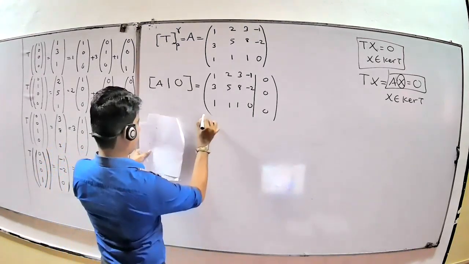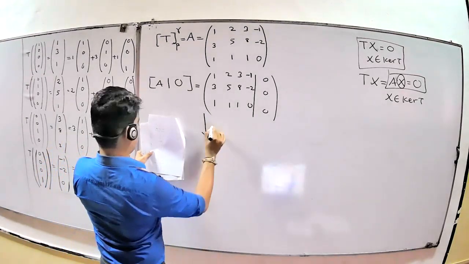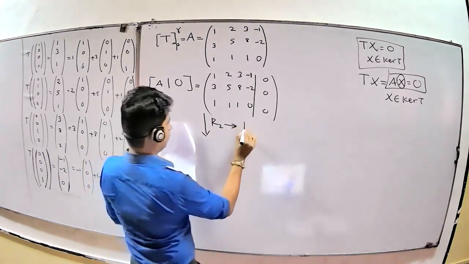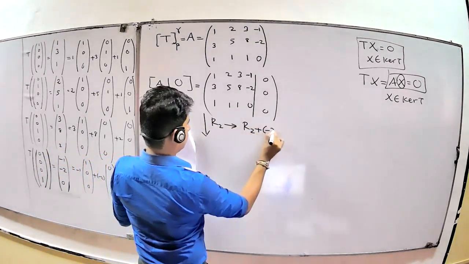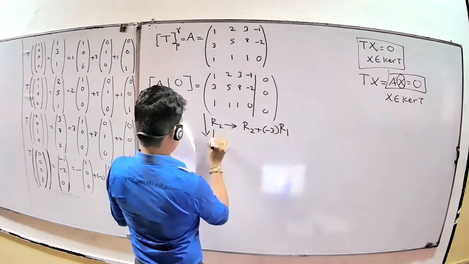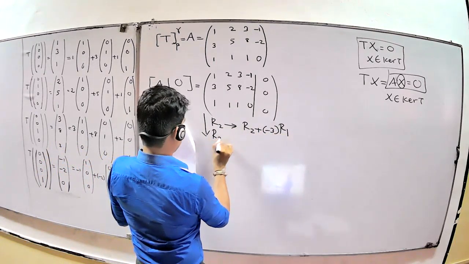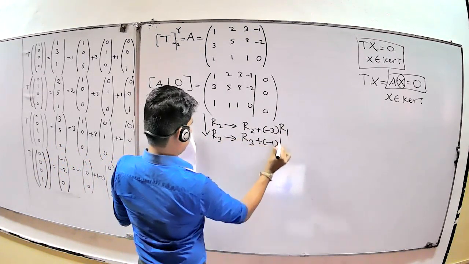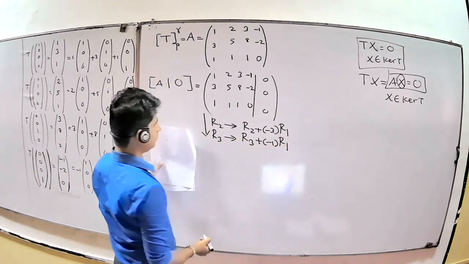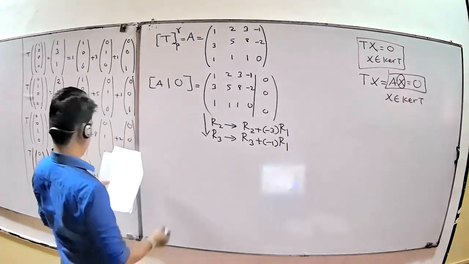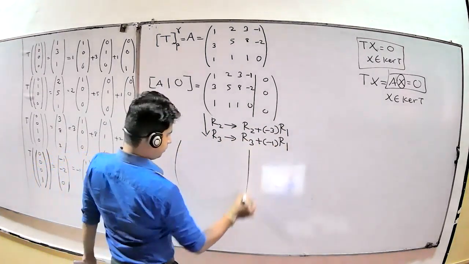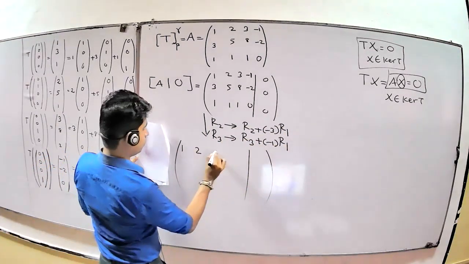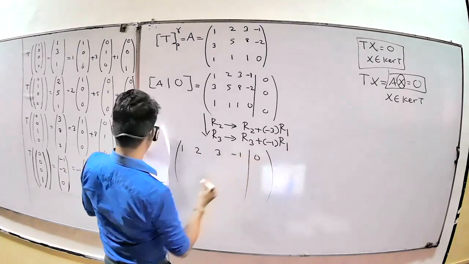Now we do the row operation: R2 replaced by R2 minus 3 times R1, and R3 replaced by R3 minus 1 times R1. Then you get 1, 2, 3, -1, 0.